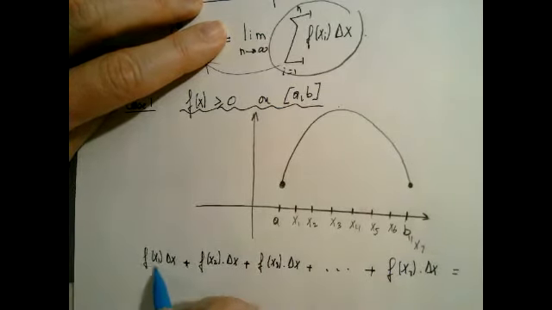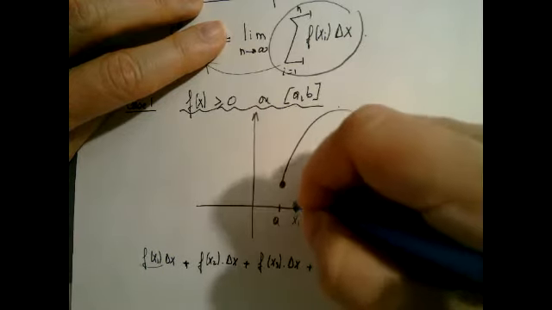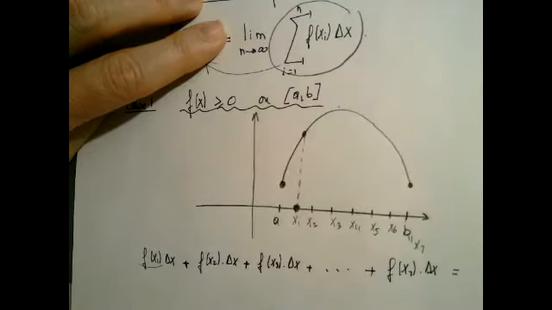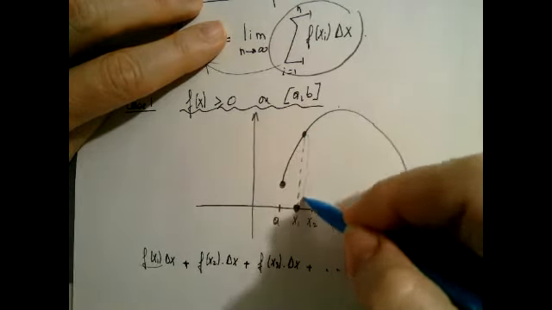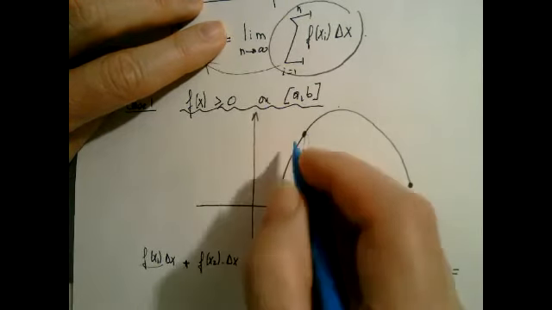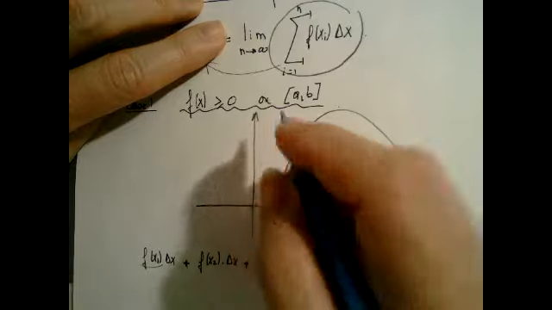So what is f of x1? This is x1. From here to here, this length is f of x1. And this is delta x, the length of this little piece.